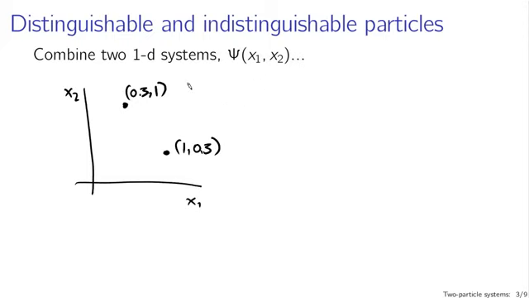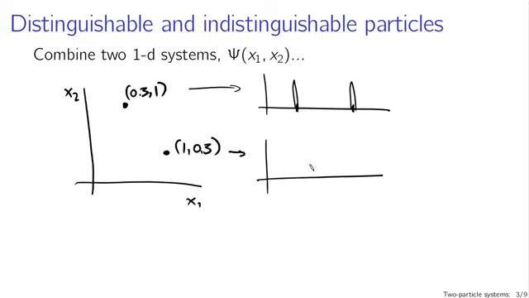So if I measure, say, this outcome in one-dimensional space, I'm measuring one particle at point 0.3 and another particle at position 1. So my wave function then essentially has a particle there and a particle there. If I measure this other outcome, (1, 0.3), one of my particles is at position 1, one of my particles is at position 0.3, so my wave function essentially looks like that.